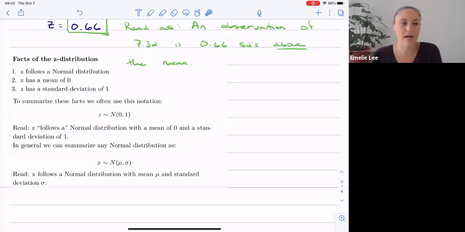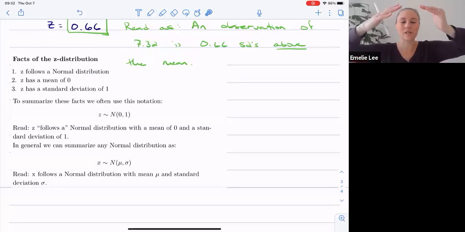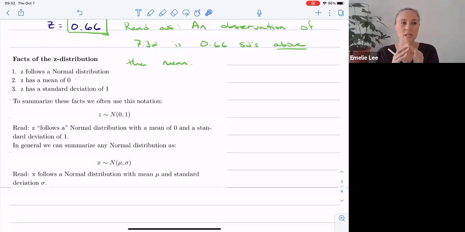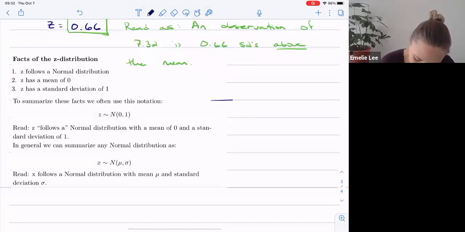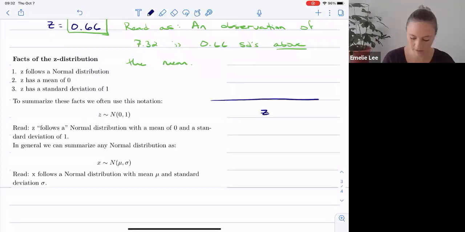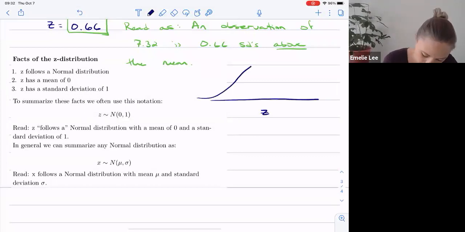So some facts about the Z distribution, right? If you're taking an observation from a normal distribution and you're standardizing it, then the shape is going to stay normal, right? And so here, if I have Z down here, then the shape is going to be a normal distribution, kind of like this.